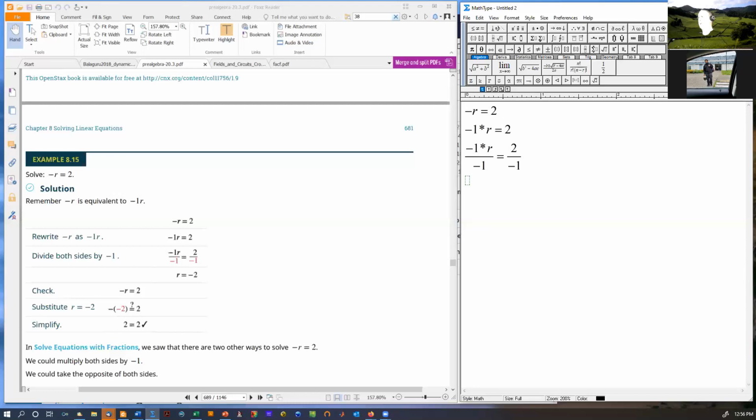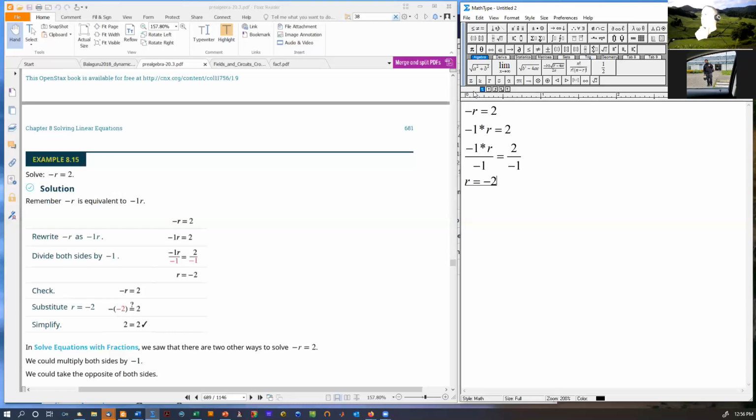So negative 1 divided by negative 1 is positive 1, so this is just now r. And 2 divided by negative 1 is negative 2. So r equals negative 2, right?